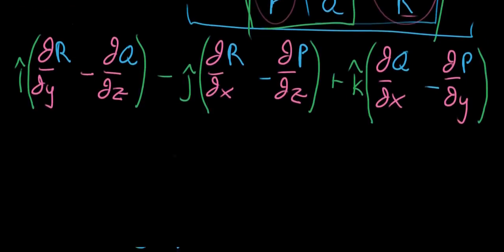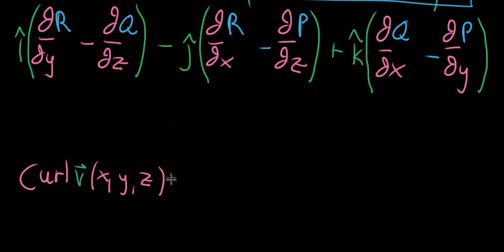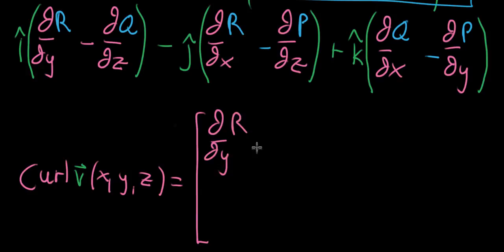If you were writing it as a column vector, the curl of your vector-valued function v as a function of x, y, and z would be equal to, for the first component, the partial with respect to y of R minus the partial of Q with respect to z.